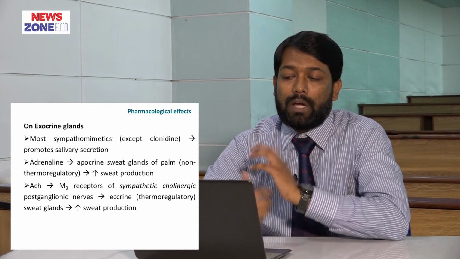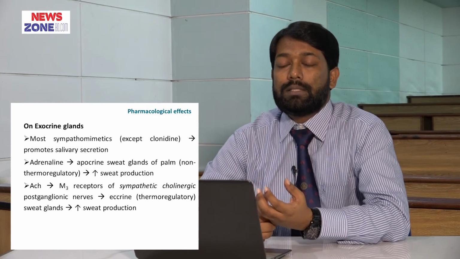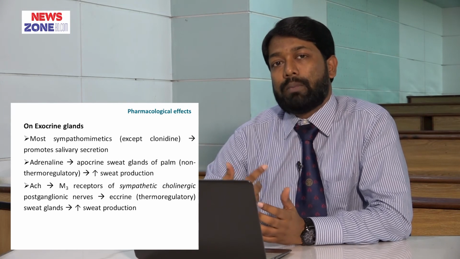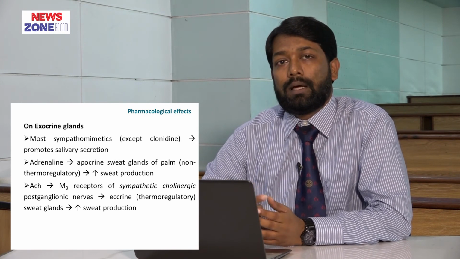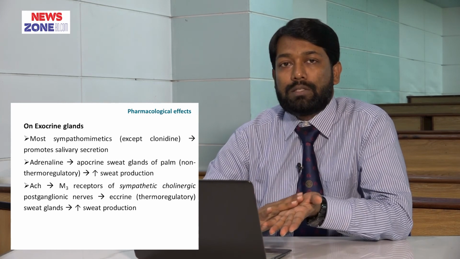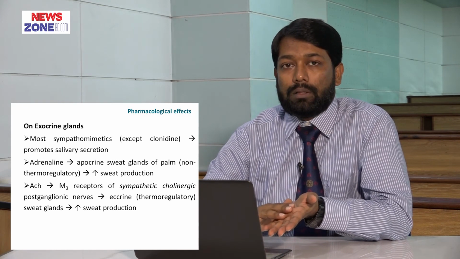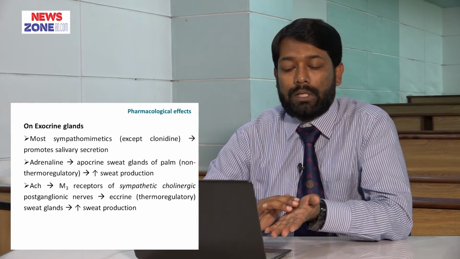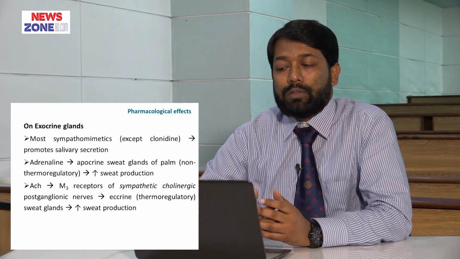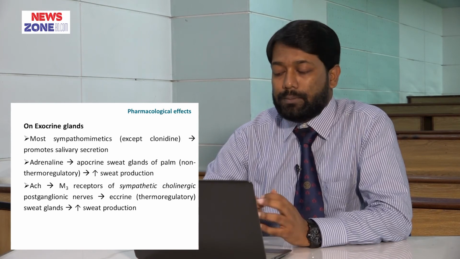So, in case of thermoregulatory sweat glands, the muscarinic 3 receptors come into action and the agonist drug is acetylcholine. In case of non-thermoregulatory sweat glands of palm and sole, adrenaline comes into action.